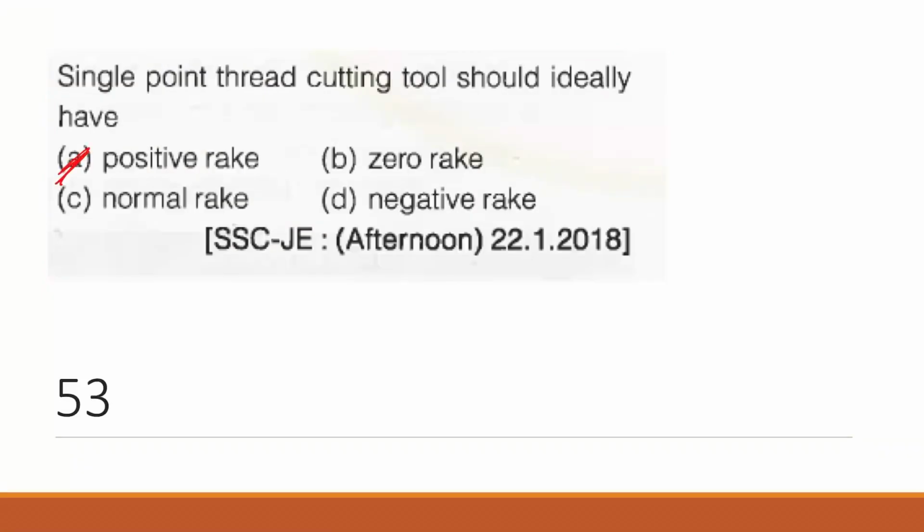Because in positive rake angle you don't have high heat generation, or you don't have high wear. So that is a very feasible process. That's why we have positive rake angle.